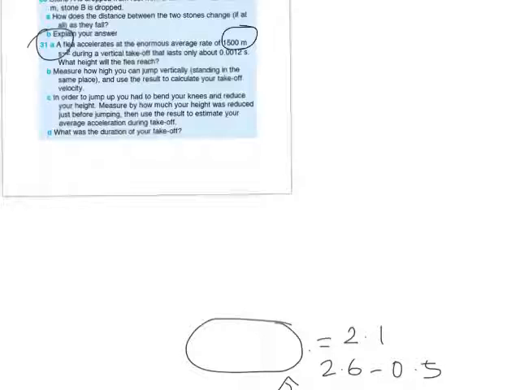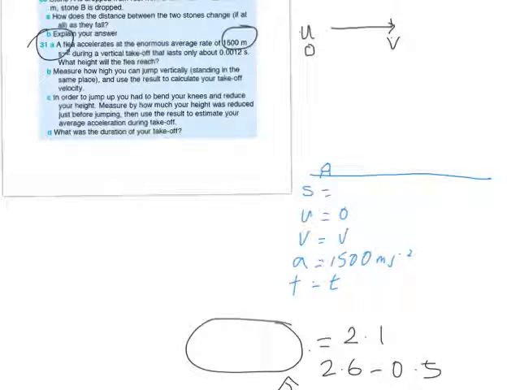So you can say from an initial velocity of 0 to the point where its little legs leave the ground, it's got a final velocity, v. I thought it best to draw it in this direction.